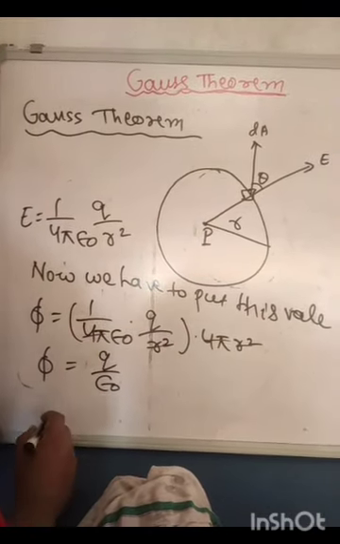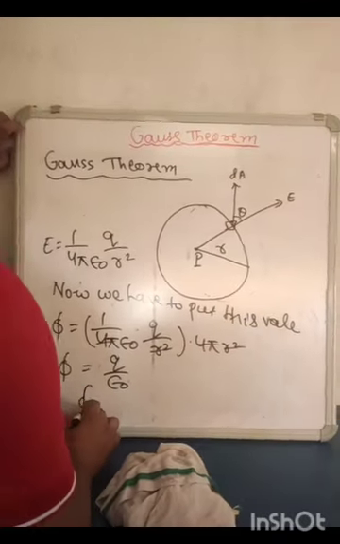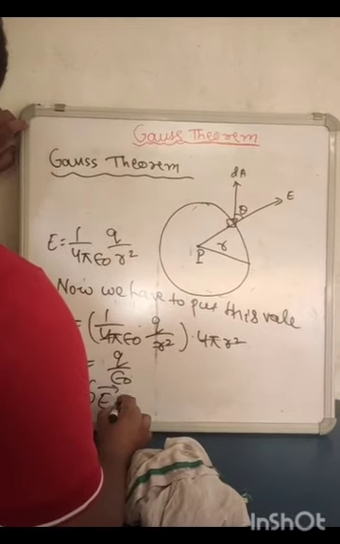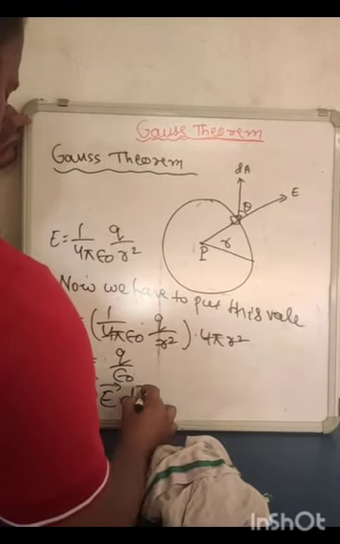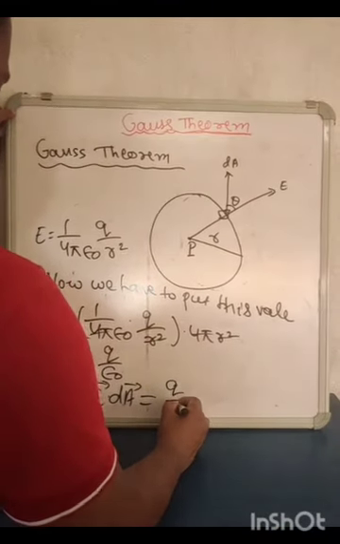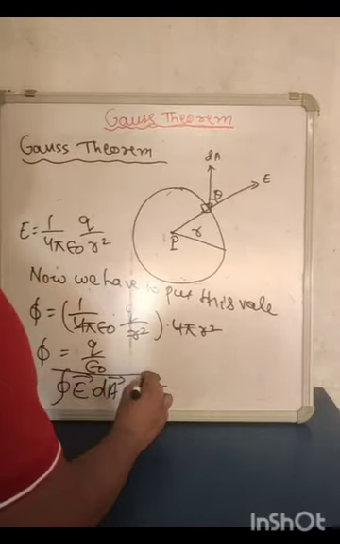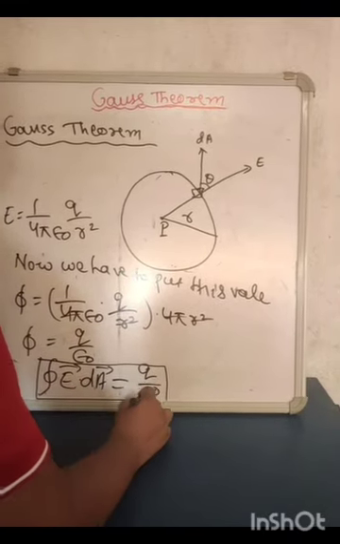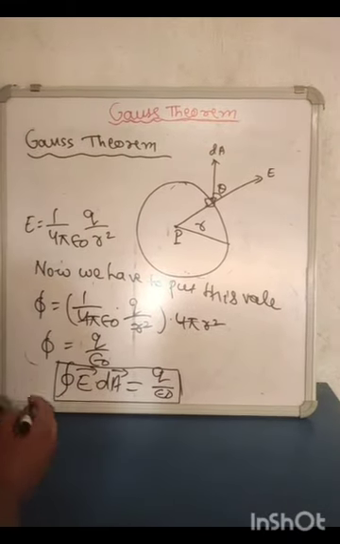So we can say that the closed integral of E dot dA equals Q upon epsilon naught.